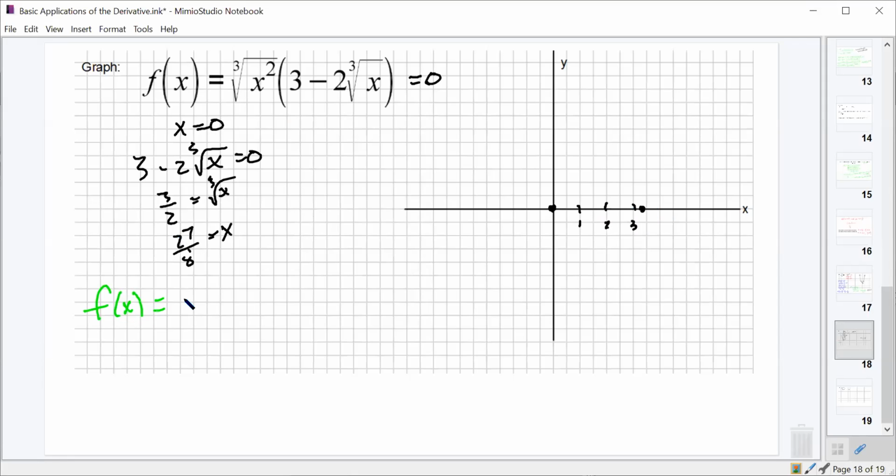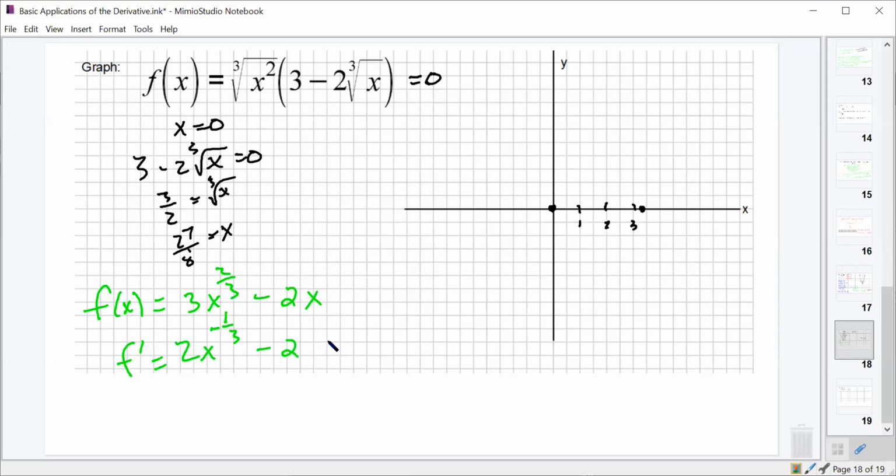I'd say f of x is equal to 3x to the 2/3 minus 2x. And then I would take the derivative of that, and the derivative of that should be 2x to the negative 1/3 minus 2.